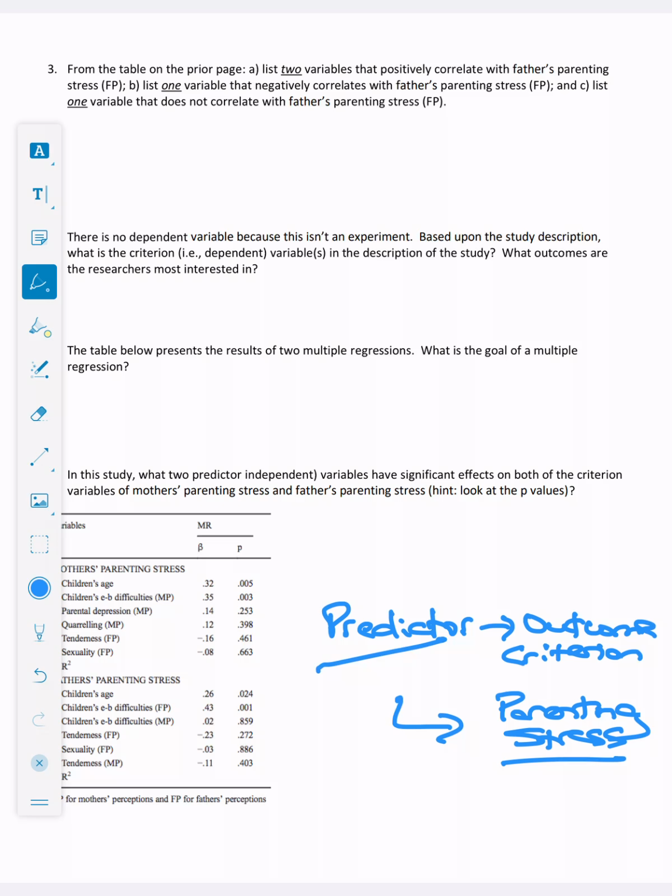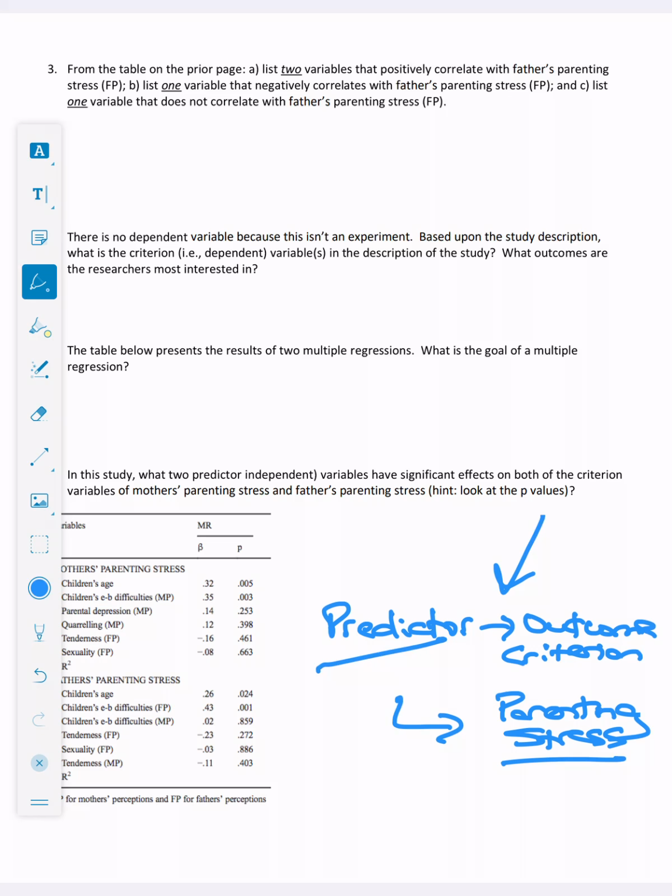And when I can't manipulate any measures, but I want to, in some ways, map out this type of relationship, I'm going to use a multiple regression. Each multiple regression can only evaluate one outcome or criterion variable. So if I'm interested in parenting stress, and that parenting stress has 2 parents, mom and dad, I have to conduct 2 different multiple regressions.